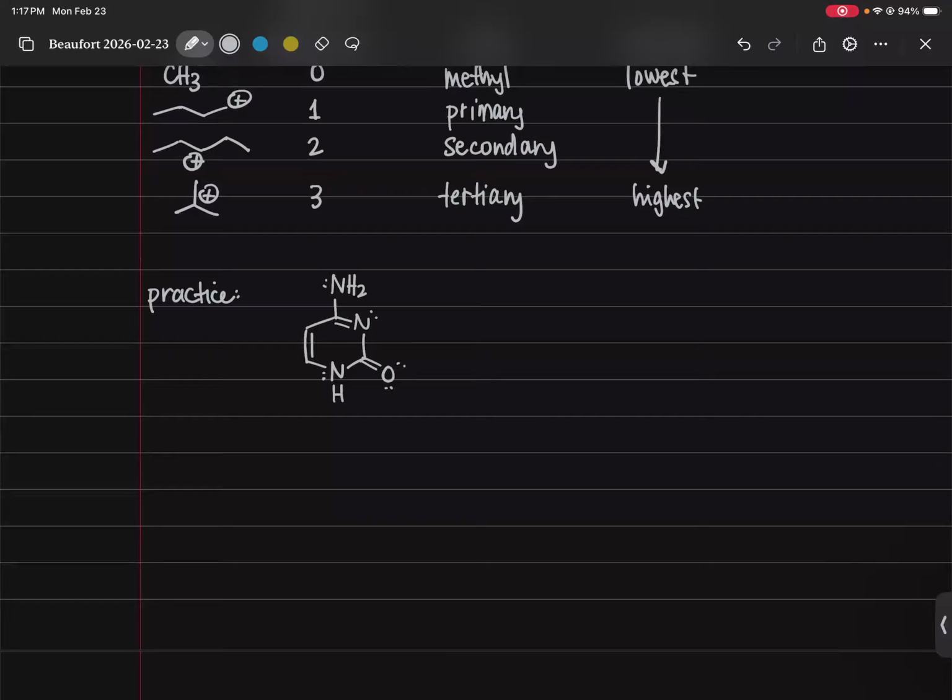There we go. See how many, actually, I don't know what the answer is. It's probably like 8 or 9 or 10. It's a bunch. But see if you can come up with some alternate resonance structures for this molecule.